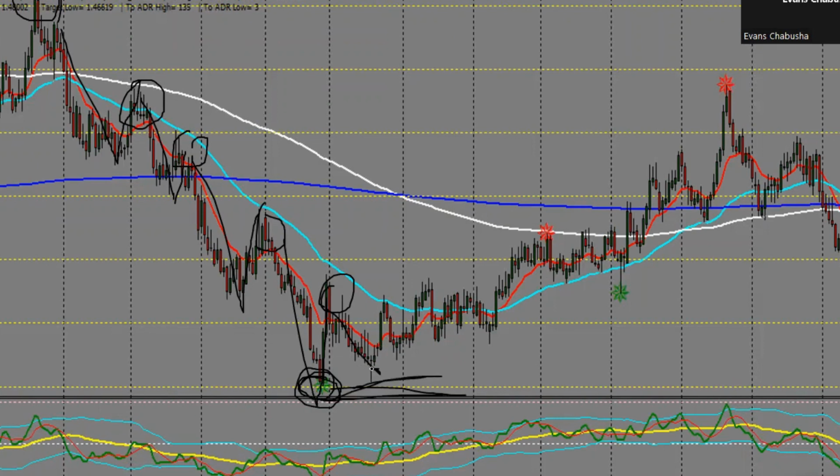And eventually the market started making higher highs, higher high, higher high, higher high. Then it failed to make a higher high, so it will reverse again like that.